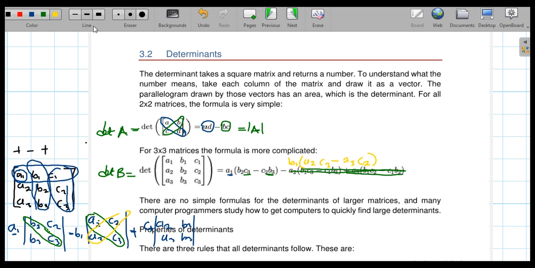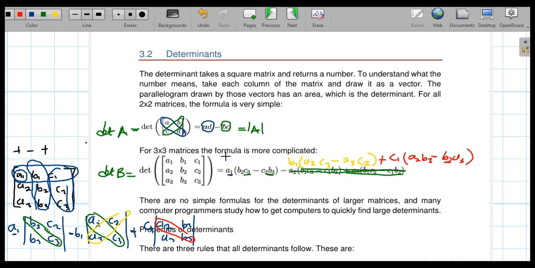Then this is plus, we'll now take this final one, C1 into, take this diagonal here, that is A2 B3, then minus B2 A3.